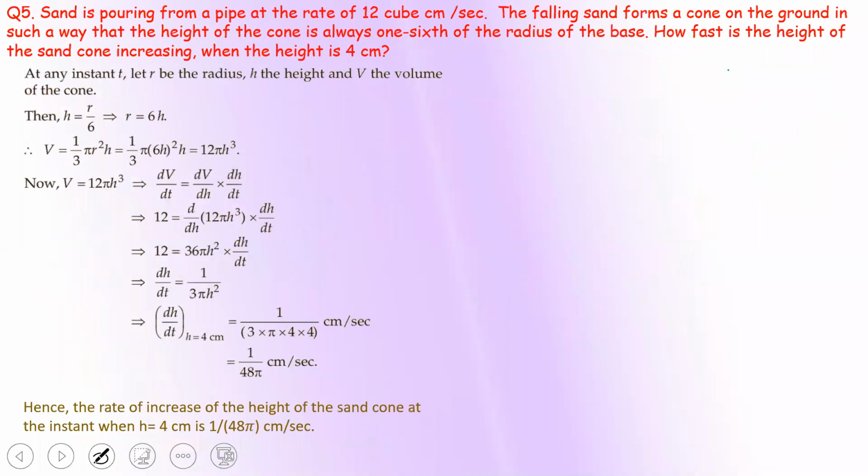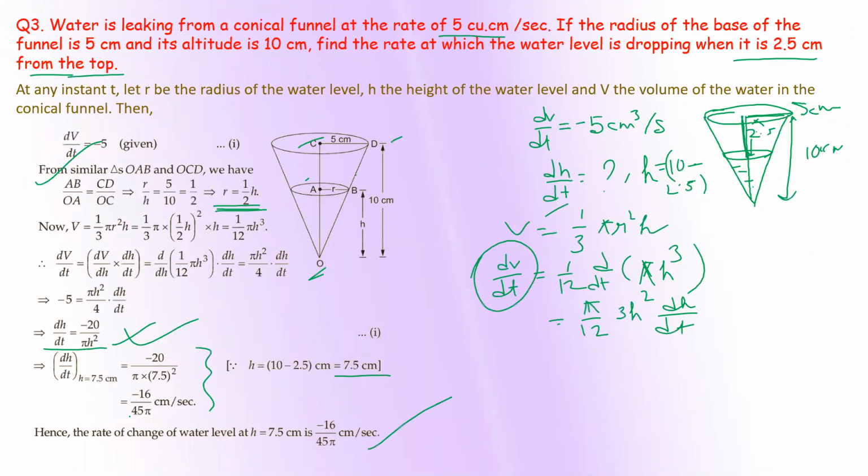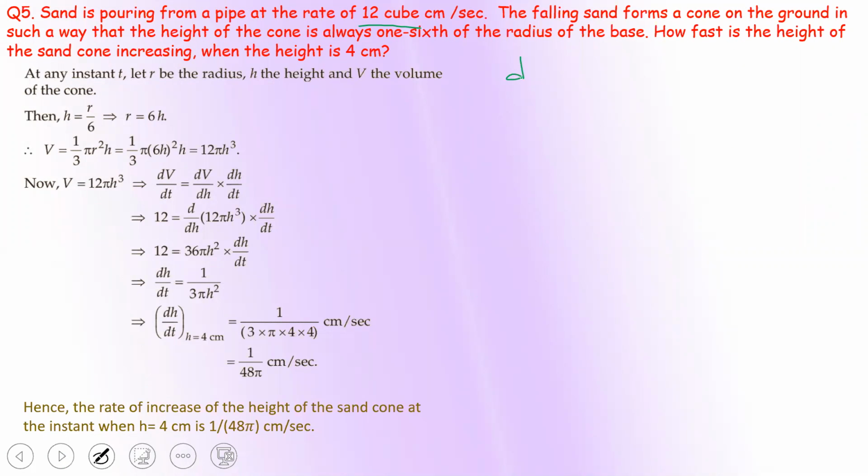So here is the next problem. Same type of problem. Sand is pouring from the pipe at a rate of this. That means rate of change of volume, that is dV dt, is given 12 centimeter cube per second.